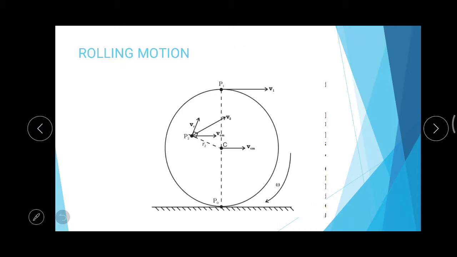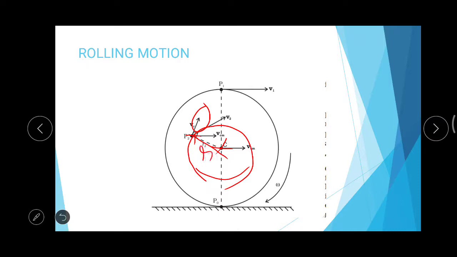And VR, you can see the velocity direction VR. Actually, if you consider a concentric circle passing through P2 with the same center, the center of mass, we can consider VR as the tangent of that circle at the point P2, and the radius is R2.